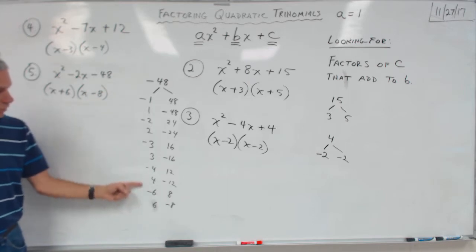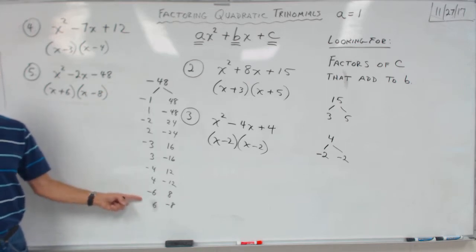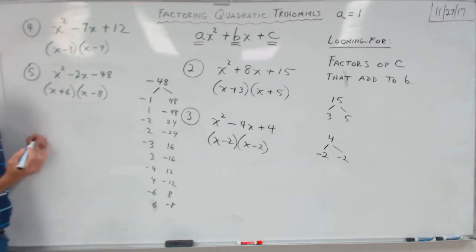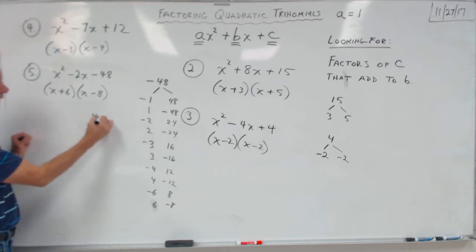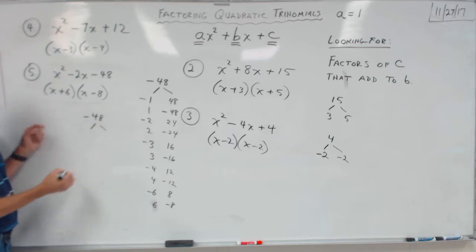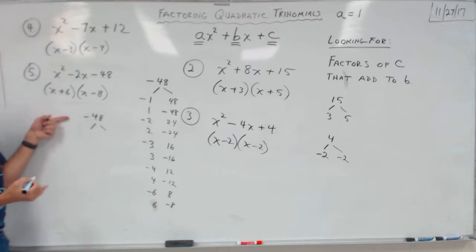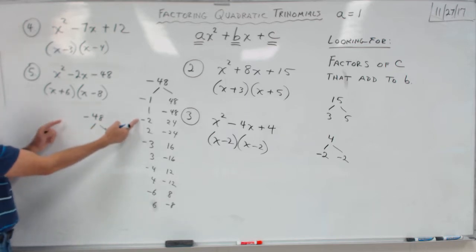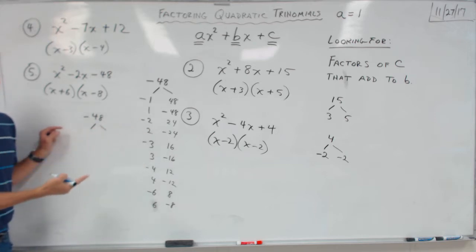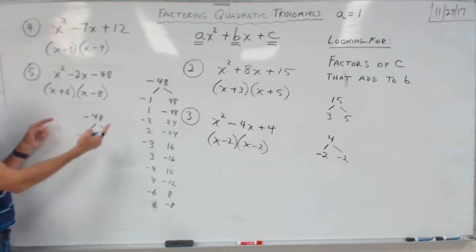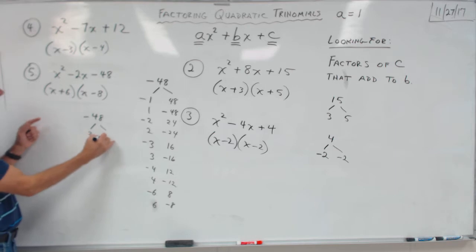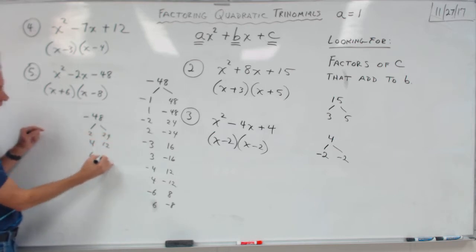Now, are you going to do this? No, probably not. If it were me, I would probably do this. I would say 48. I know it's negative, right? And I'm not going to bother listing negatives and positives. I might just say, okay, I know 2 times 24, maybe 4 times 12, 6 times 8.